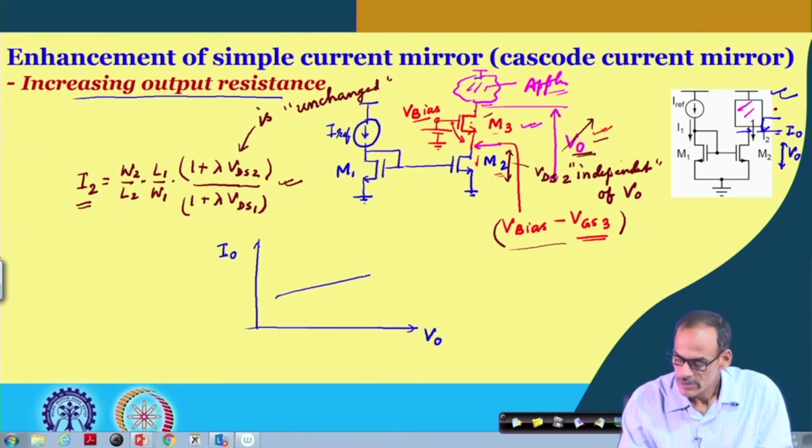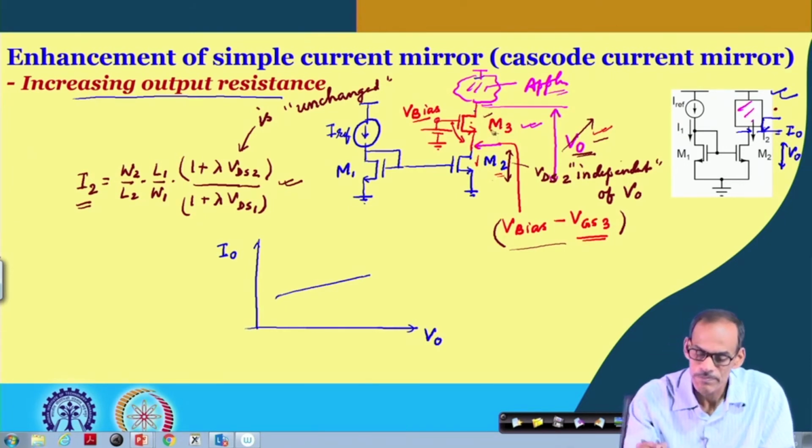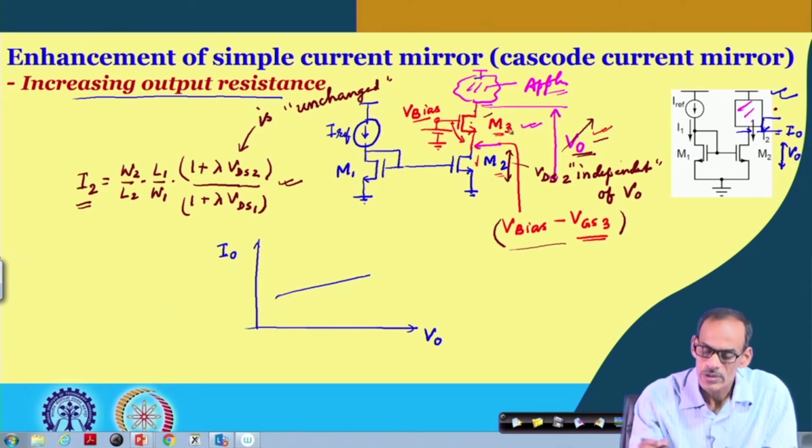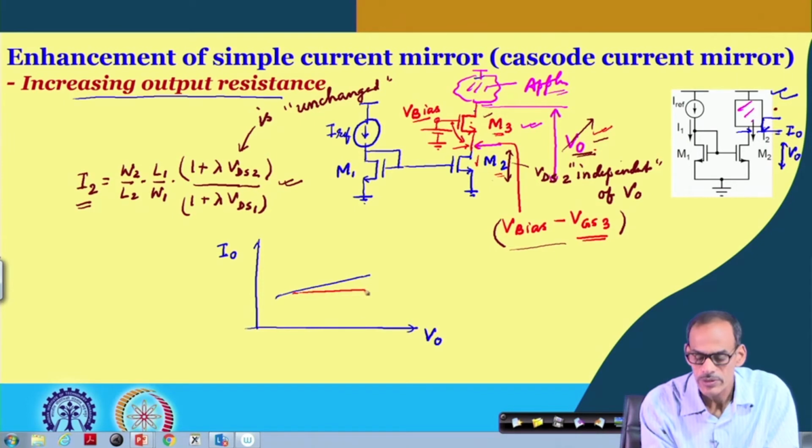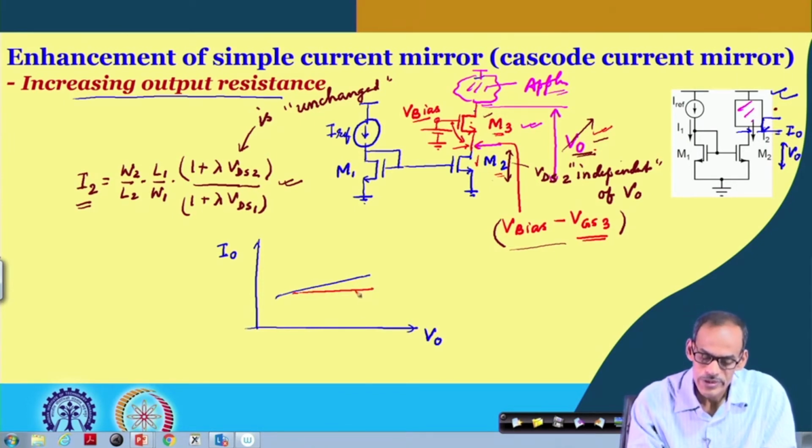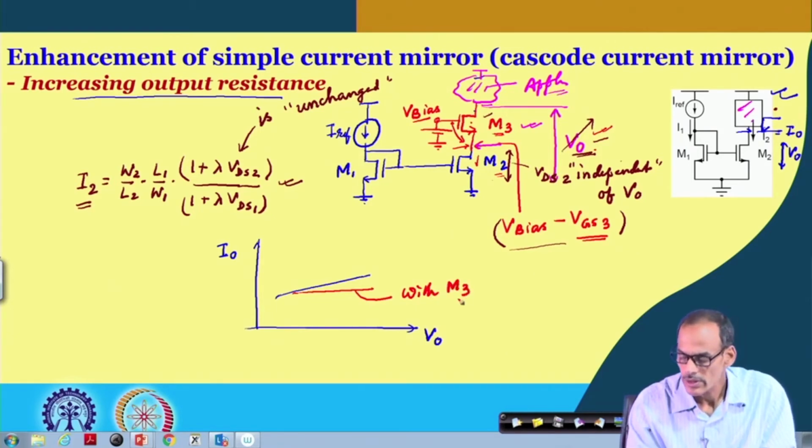Now, on the other hand, if I consider this circuit where we have transistor 3, it is protecting this source voltage from the variation of the output voltage, and for that we have the corresponding current almost remaining flat. So, this is with transistor 3 and this is the simple one without M3.